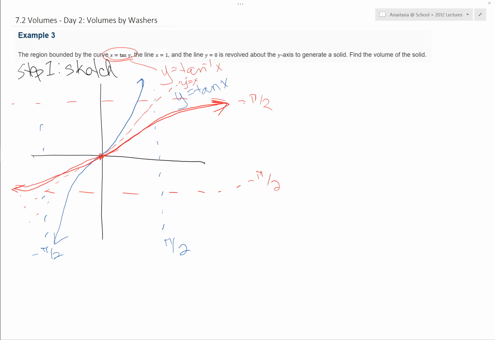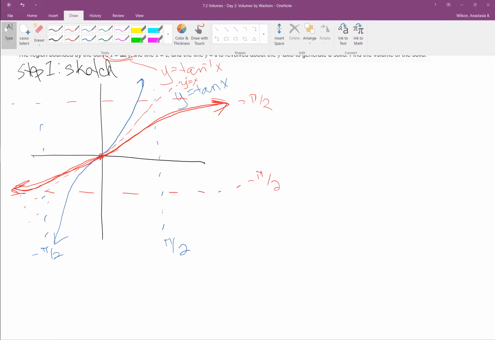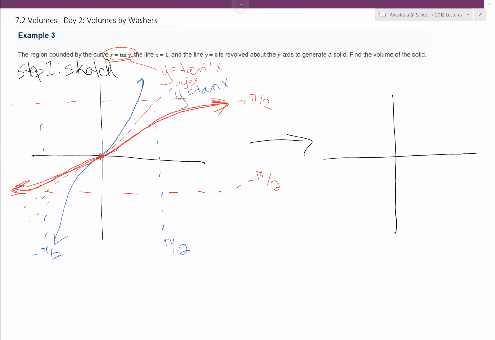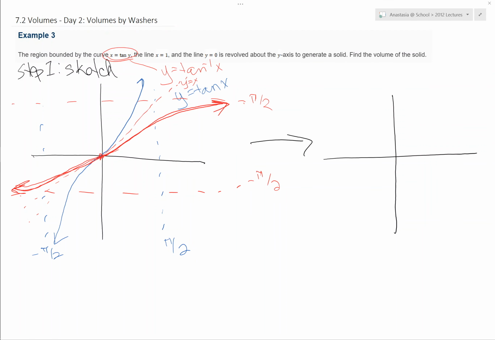Oops. Sorry, that is not the best curve. So let me move over here and just draw the inverse tangent function.